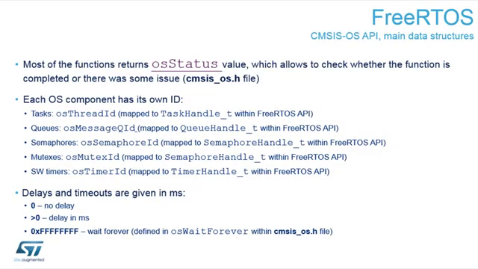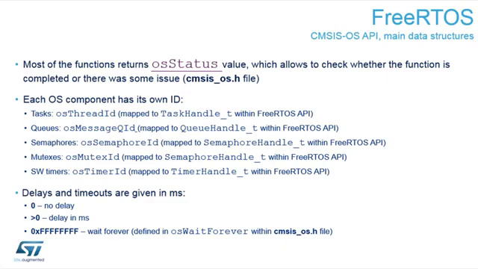Most of the CMSIS OS functions return the OS status value that you can check for OK, timeout, message received. So it's a different combination of return values and flags that can be tested, and it gives you quite a big control of what the system is doing.